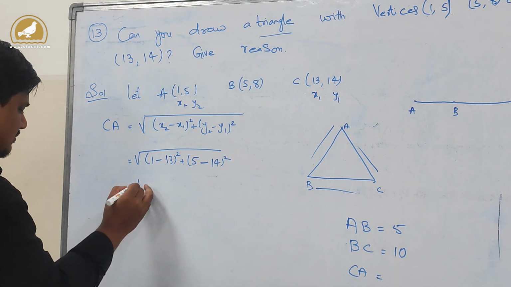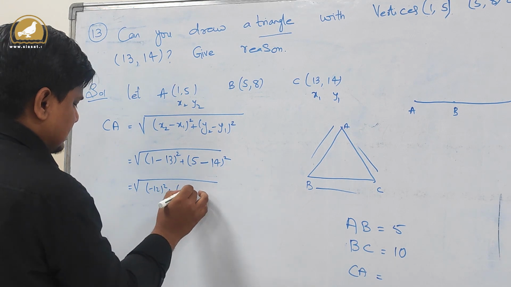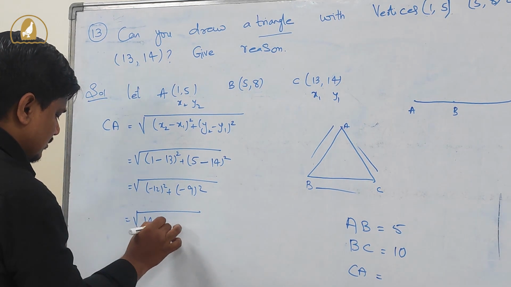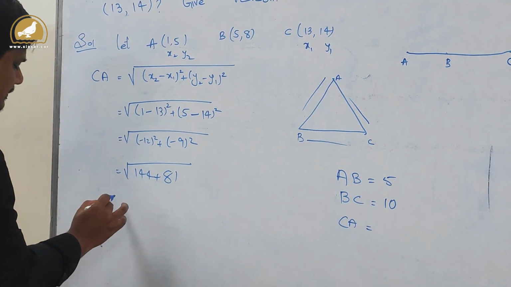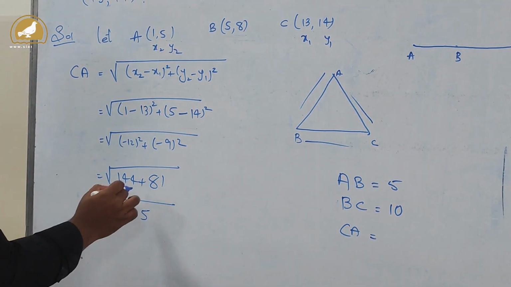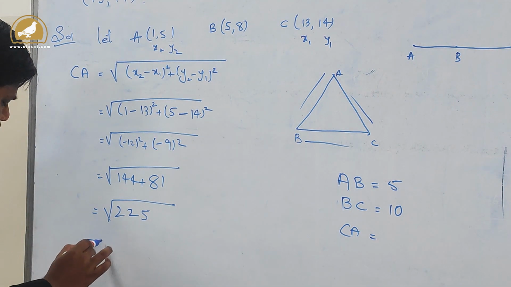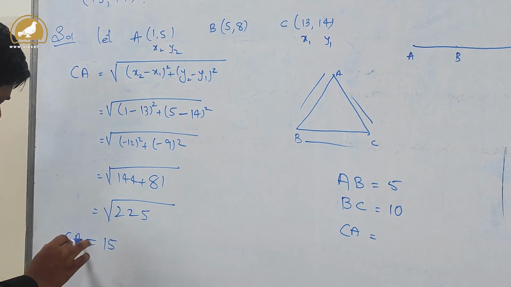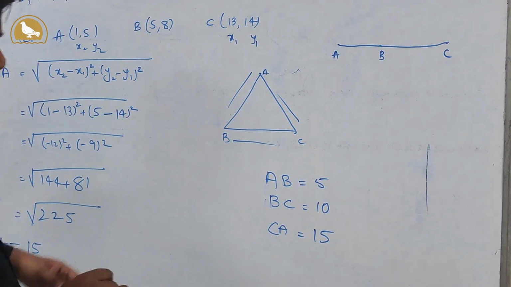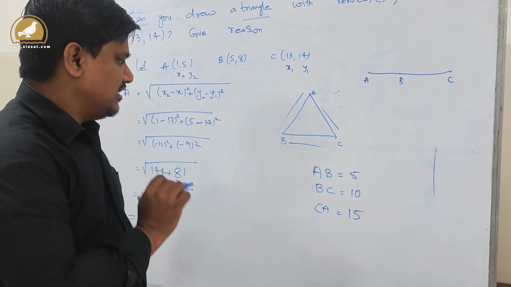So 1 minus 13 is minus 12 whole square, and 5 minus 14 is minus 9 square. 12 square is 144, 9 square is 81. If we add these, we get 225. Root 225 is 15. So the value of CA is 15. Here we can see that AB is 5, BC is 10, and CA is 15.